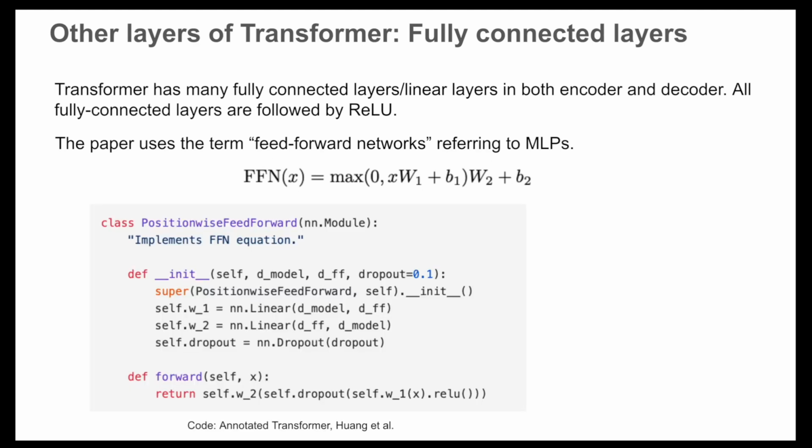This is the code snippet of the feed forward layers. So it's two linear layers, and they maintain the same shape. The first layer takes the dimension of the model as the input shape, and the second layer's output shape is also the dimension of the model. So all these layers maintain the same shape, and also you can see that dropout is applied right after this feed forward block.